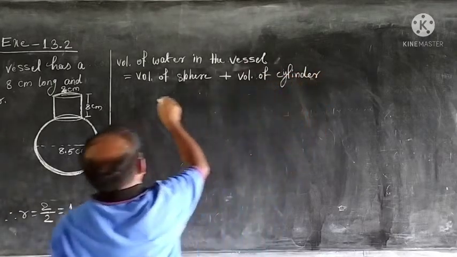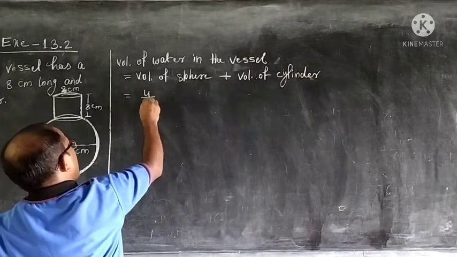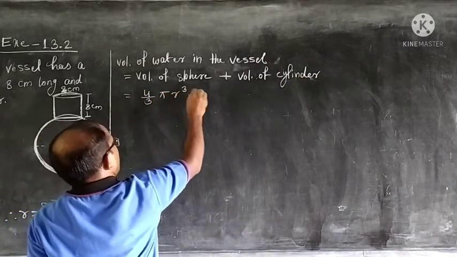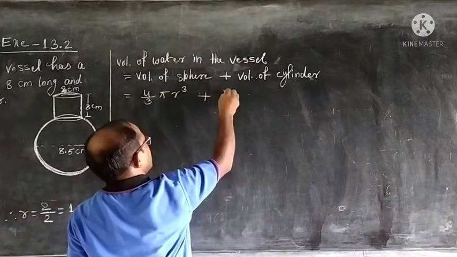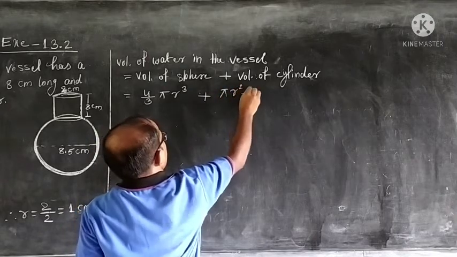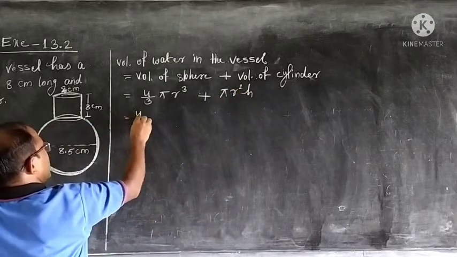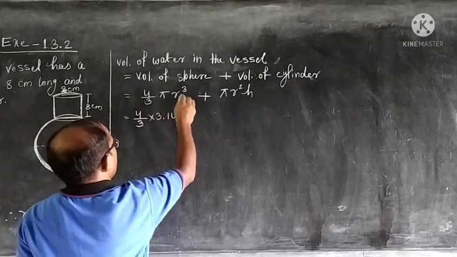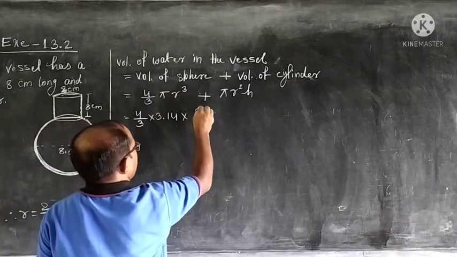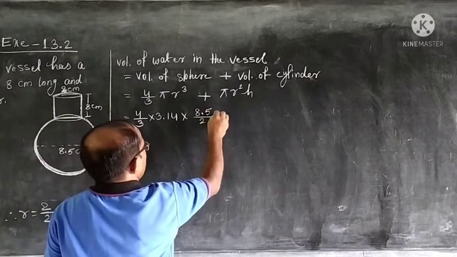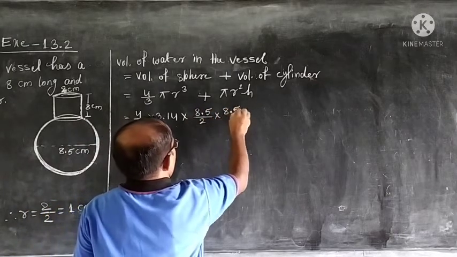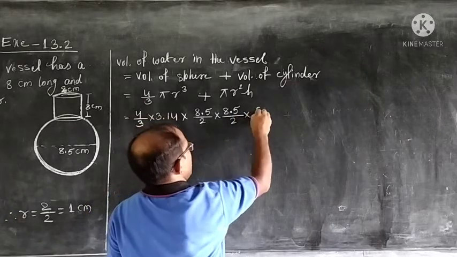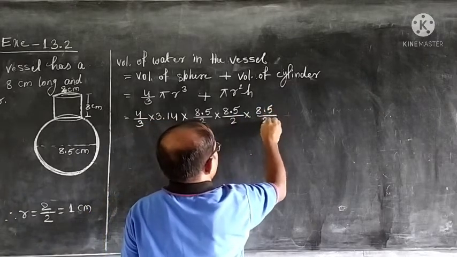We know both formulas, volume of sphere is 4 by 3 pi r cube and volume of cylinder is pi r square h. 4 by 3 pi, in the question the value is mentioned as 3.14, radius 8.5 by 2 into it is cube. So, 3 times we need to multiply 8.5 by 2.